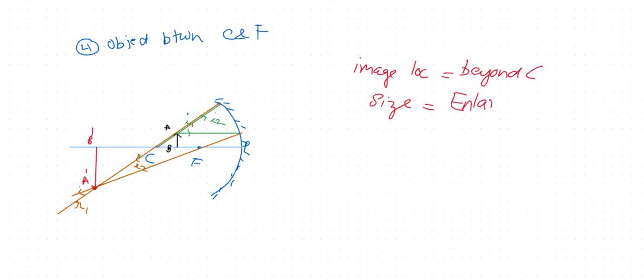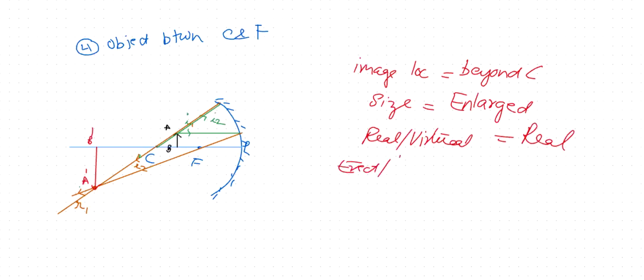And is it real or virtual? It is real. Okay, and then we know it is inverted. So is it erect or inverted? It is inverted because its head is down. It is inverted.